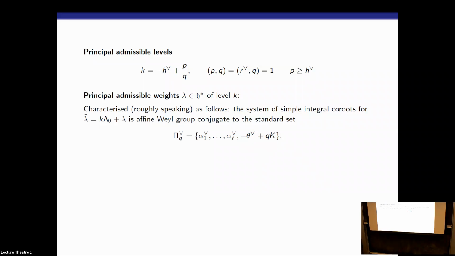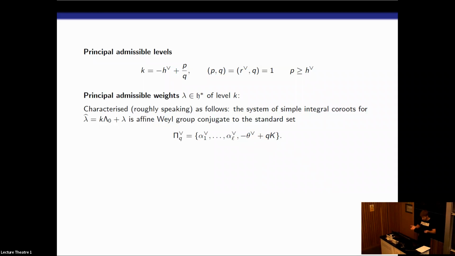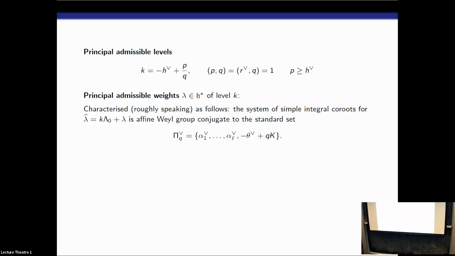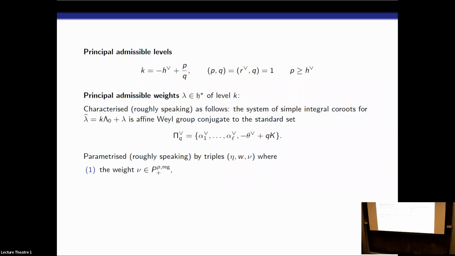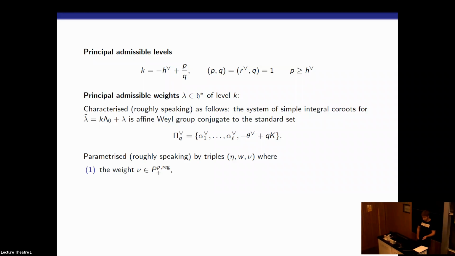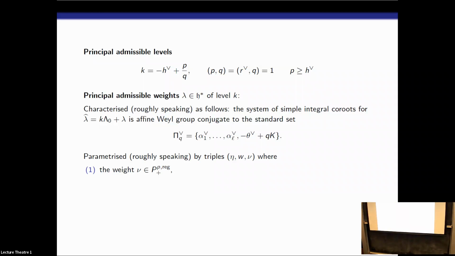Okay, so for a more general weight, you could ask that its set of simple co-roots is Weyl group conjugate to this standard set. If that happens, then you say that it's a principal admissible weight. And there's a parametrization of these, due to Kac and Wakimoto, who also introduced this notion of admissible weights. Roughly speaking, you parameterize the admissible weights of level K by triples.